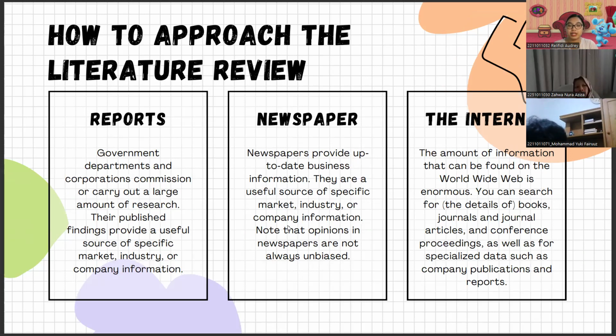Note that opinions in newspapers are not always unbiased. The next one is the internet. So the amount of information that can be found on the World Wide Web is enormous. And you can search for books, journals or journal articles and conference proceedings, as well as for specialized data such as company publications and reports.